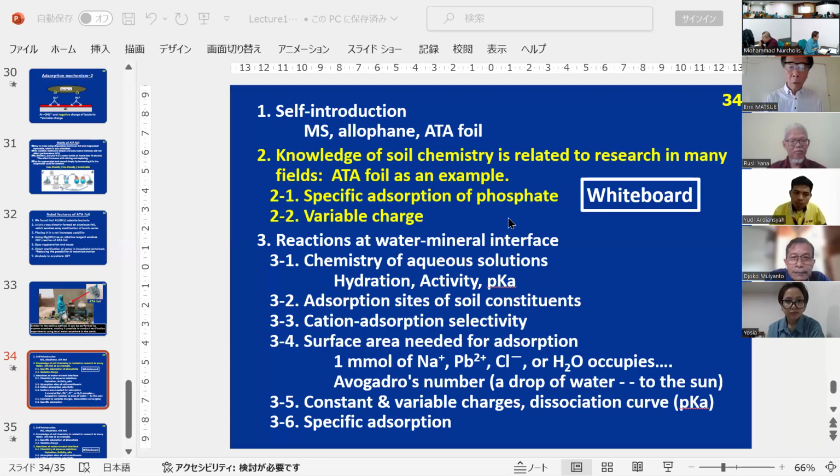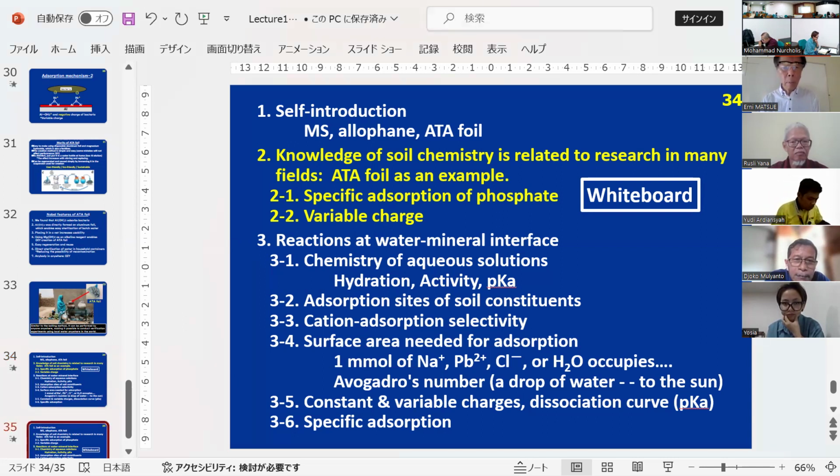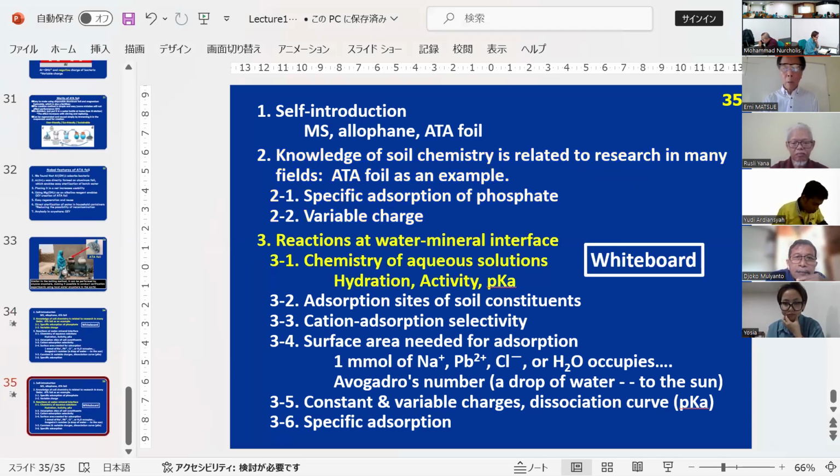Can I share my slide? Okay. So for next week, number 3: chemistry of aqueous solution, hydration, activity, pKa. Do you know hydration, activity, and then pKa? Yes, Professor always lectures. So this is not needed.